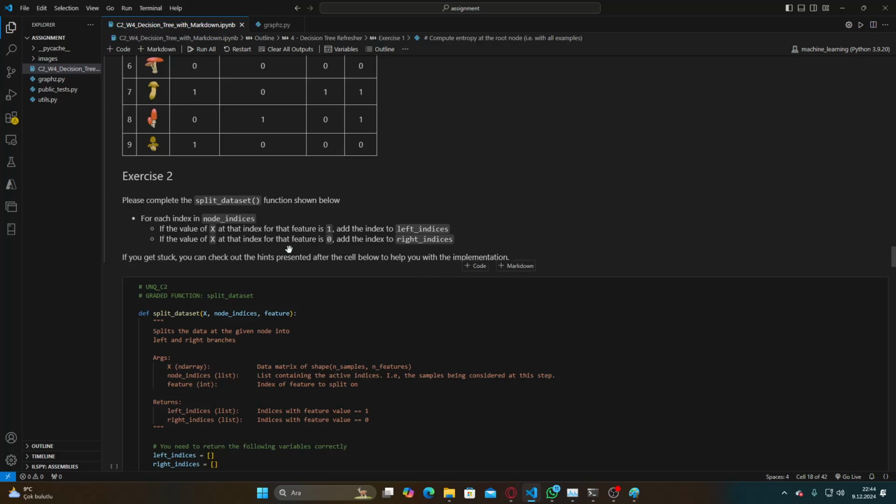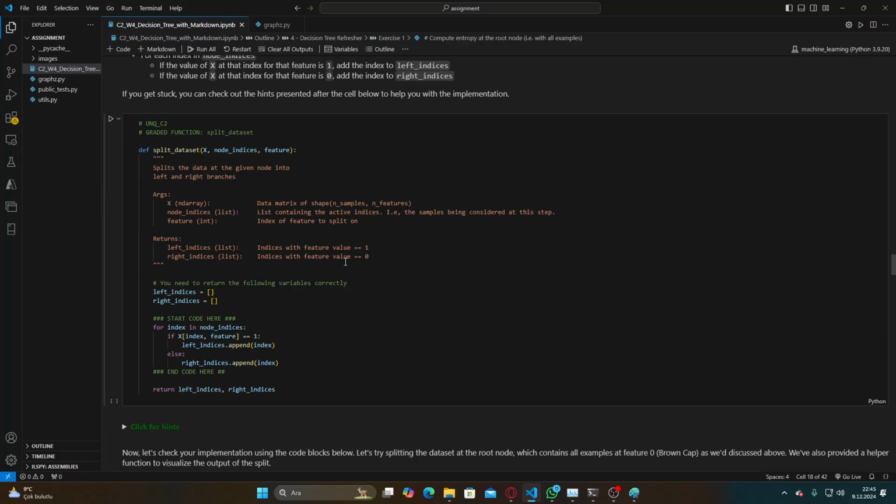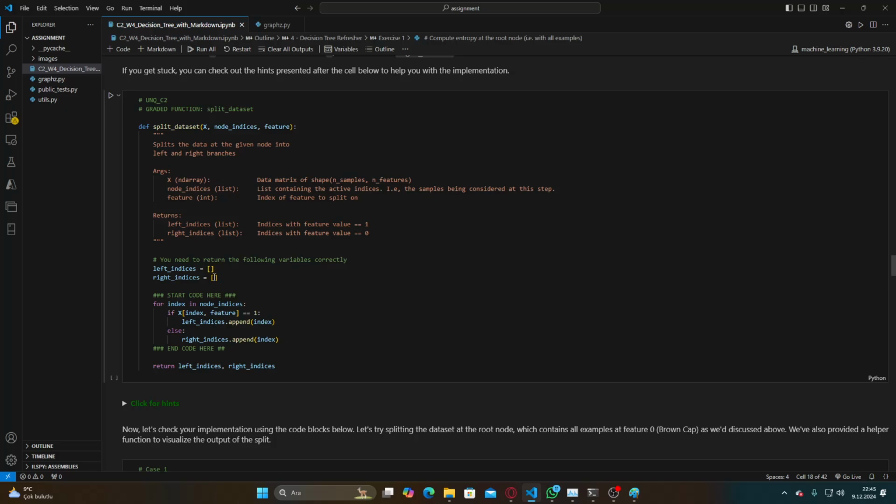Let's continue. Please complete the split_dataset function below. For X indices, features 1 go to left indices and X for 0 go to right indices. First of all, left indices and right indices are empty.